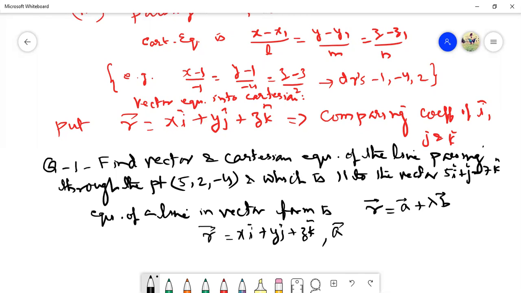The point is a1, a2, a3, so a will be 5i plus 2j minus 4k. And vector b is 5i plus j cap minus 7k cap.